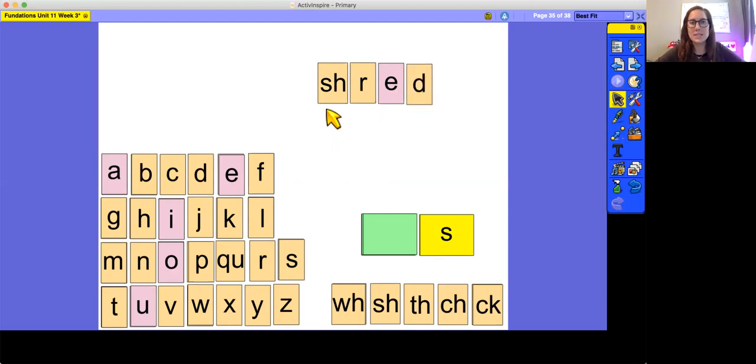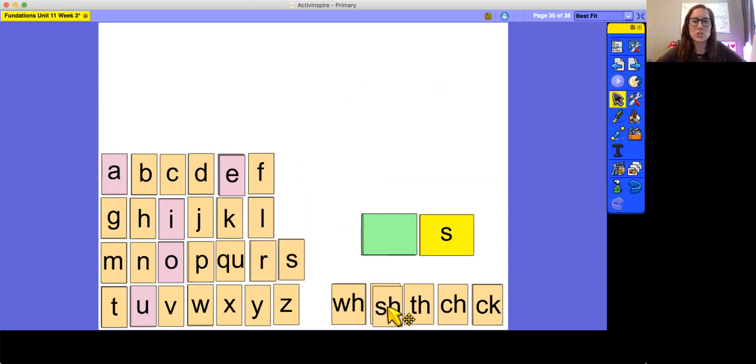Great, so we have our sh digraph, R-E-D, shred. D says d, E says e, R says r, and SH says sh.